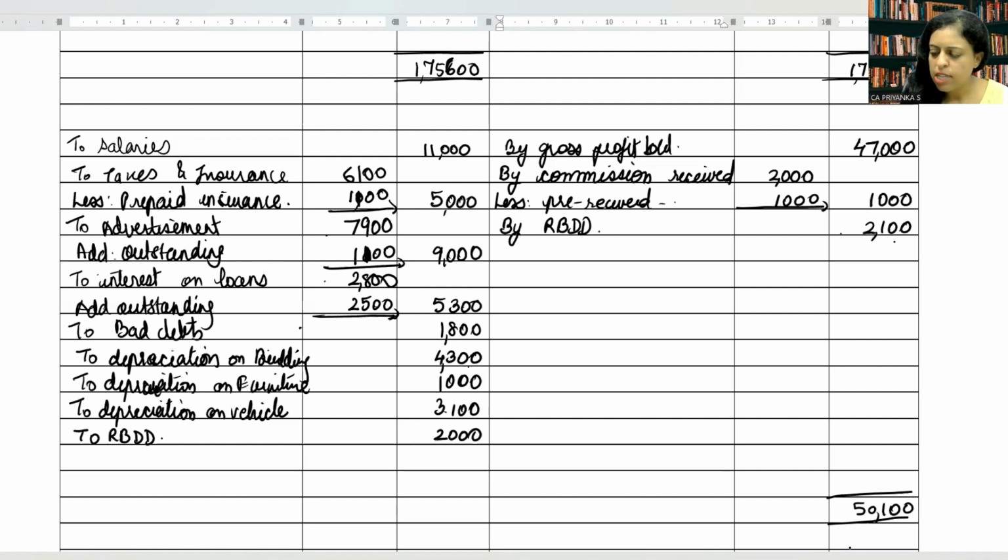So expenditure is less than your income. The expenditure is 42,500 and your income is 50,100. So differential amount of 7,600, that is your income, is more than your expense by the difference amount of 7,600.